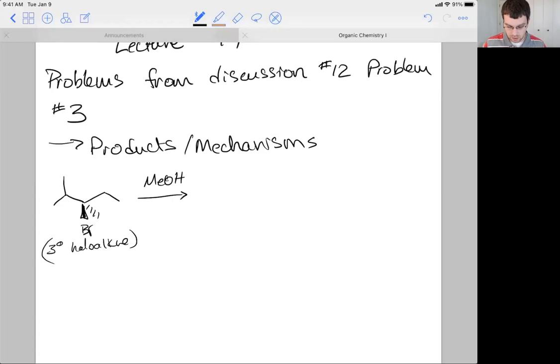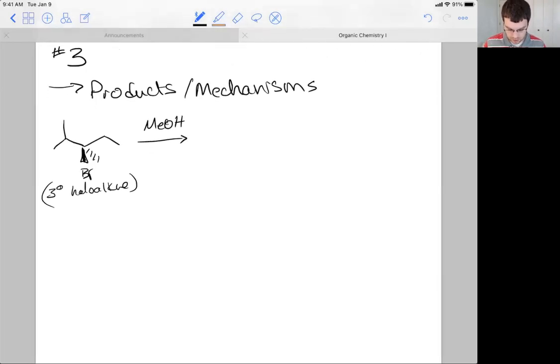So for the products, let's go ahead and draw the resulting carbocation that forms. Here the bromine is going to walk away because it's a tertiary haloalkane that gives rise to a tertiary carbocation, right? Okay, good.